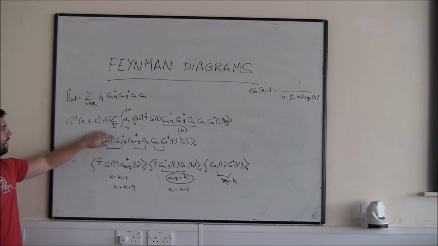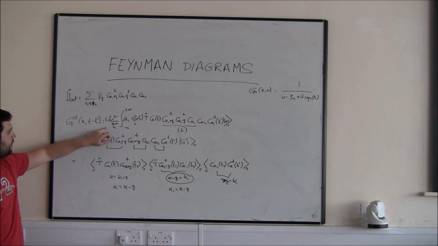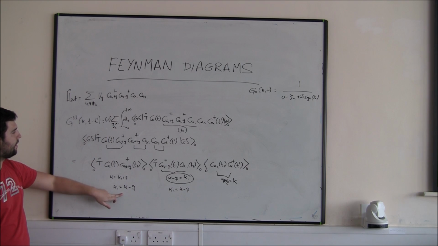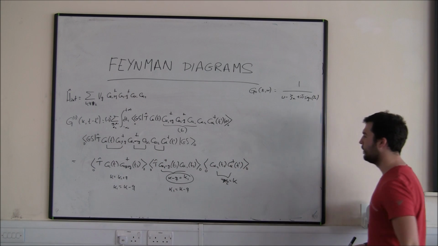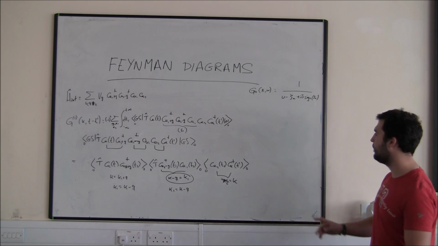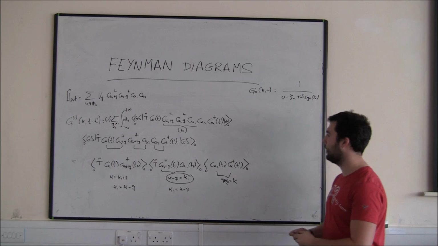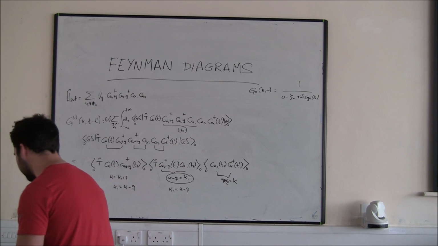So we only end up with a sum in Q, because K is already there. And K2 equals K. Okay, this is just a pairing where momentum has to be conserved, and you can do that explicitly.